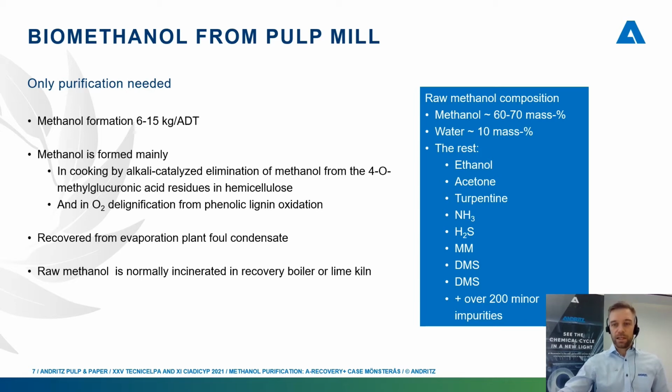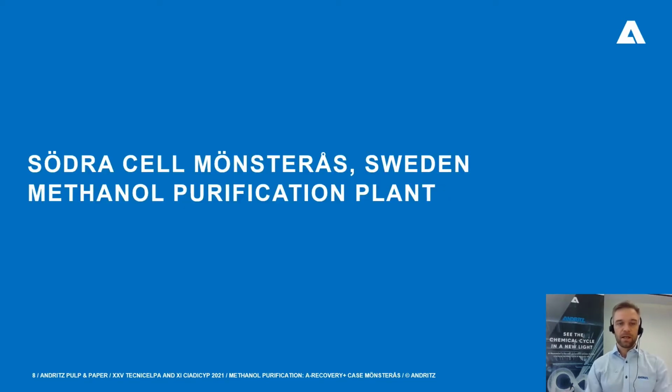But if you want to sell this methanol outside the pulp mill as a valuable side stream, then you need some kind of methanol purification process. And this is what we at Andritz have been developing, designing, and successfully started up in full scale at the Södra Mönsterås pulp mill in Sweden.